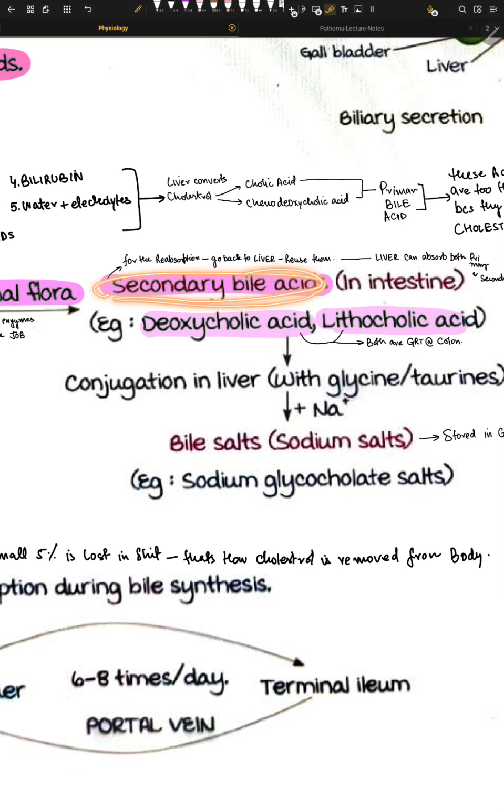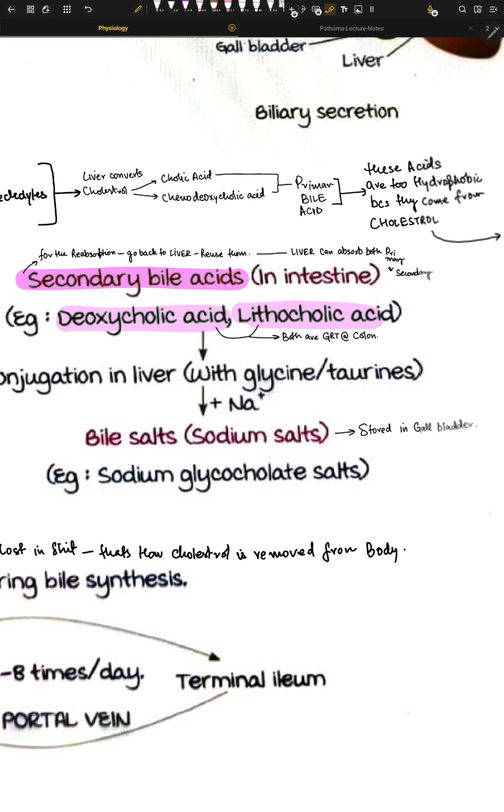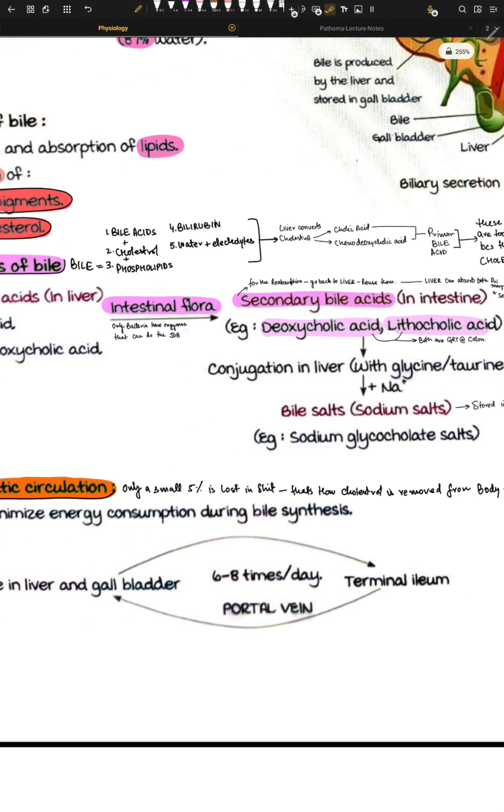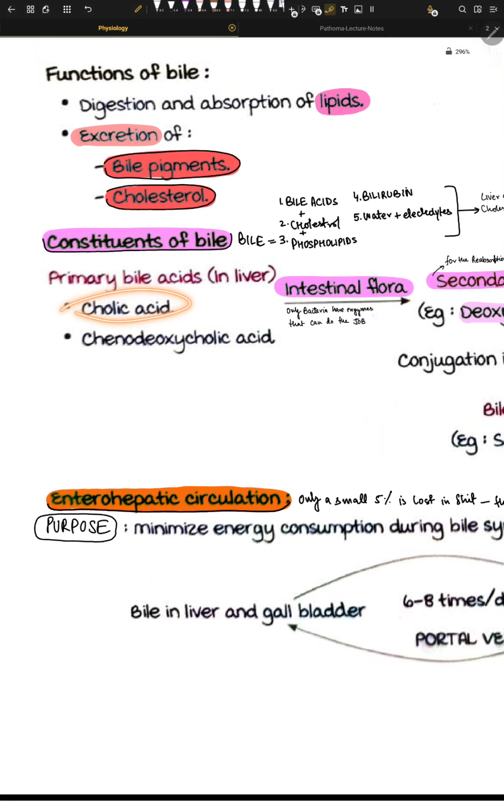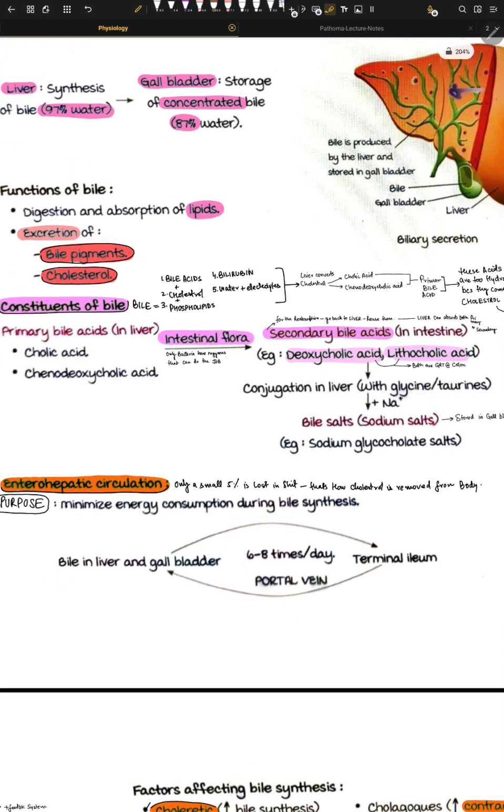And they are in the intestine. And these are deoxycholic acid and lithocholic acid, right? And right here, they come from this. For example, chenodeoxycholic acid makes lithocholic acid, and cholic acid makes deoxycholic acid. So that's the thing here. Both of these acids are lipophilic.